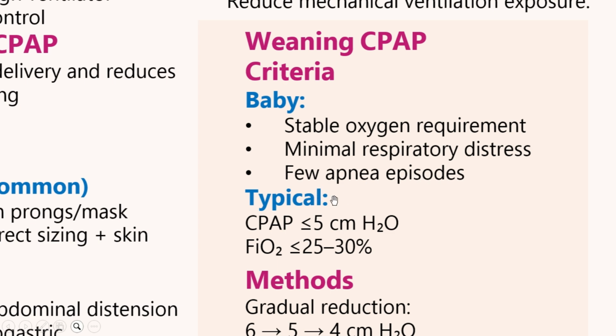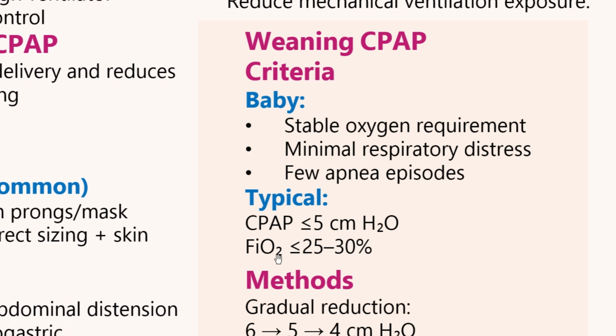Typically, you are going to reduce the CPAP pressure to less than 5 centimeters of water. If you reduce the pressure to less than 5 centimeters of water and this baby is still breathing well, then you are going to consider that. Sometimes we have the fraction of inspired oxygen. This is the amount of oxygen that we are providing through that tubing.